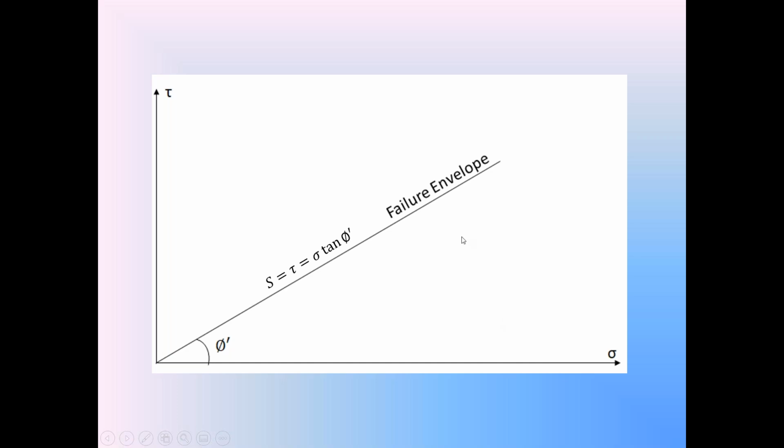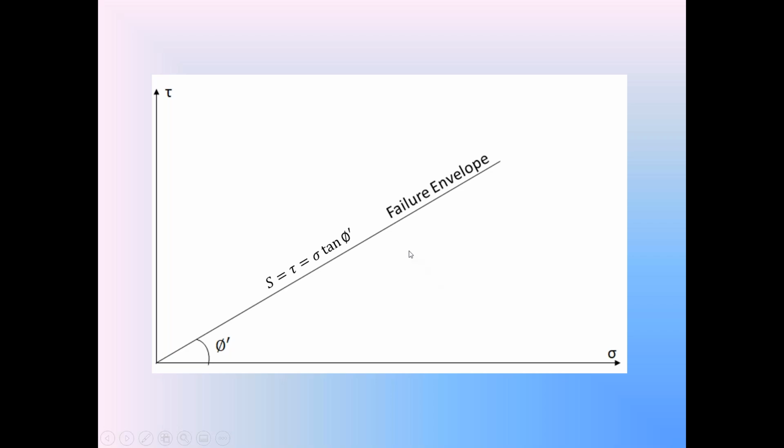If the stresses are such that they fall on this failure envelope, the cohesionless soil is in the failure condition. So by using this failure envelope, we can find out whether the cohesionless soil below the structure is in the safe condition or in the failure condition.